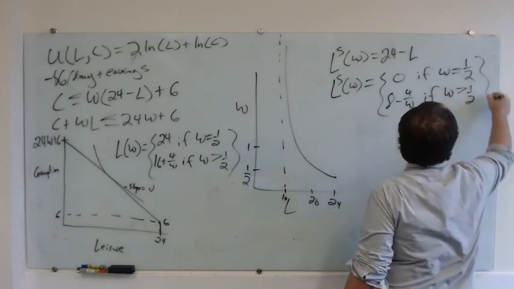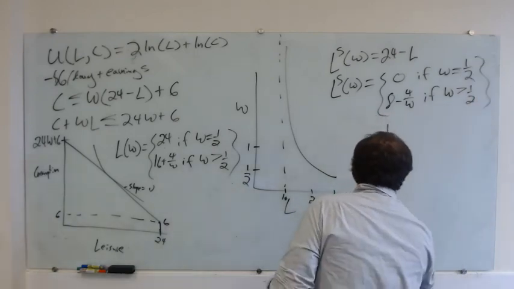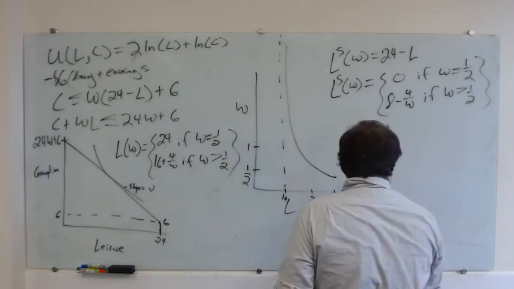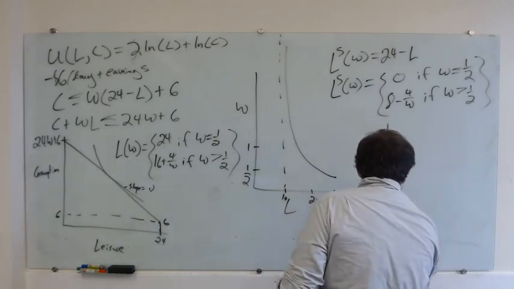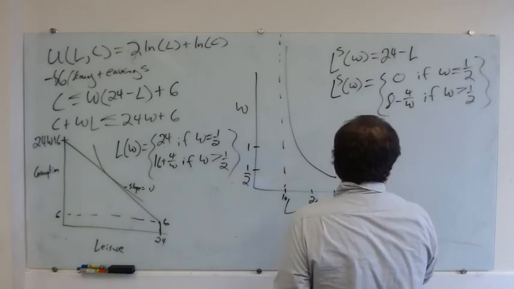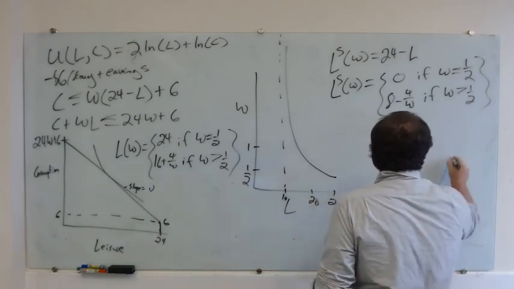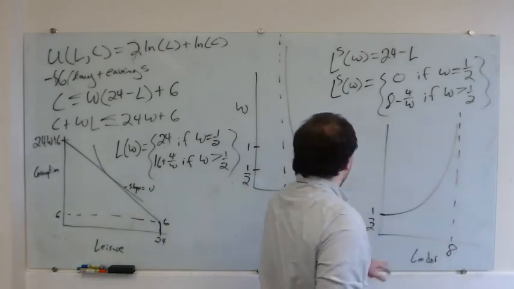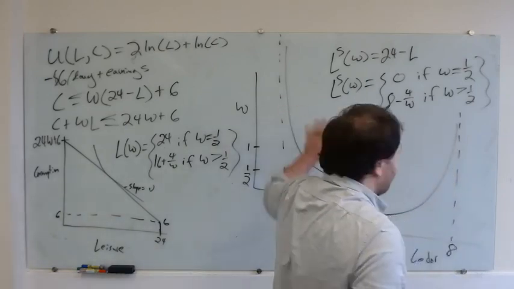Right? If I graph this thing out, right, at a wage of 1/2, I don't work at all. As my wage increases, I work more and more and more, but I never work more than 8 hours, right? So it's just the mirror image of my leisure picture.